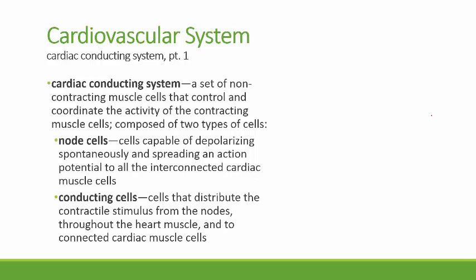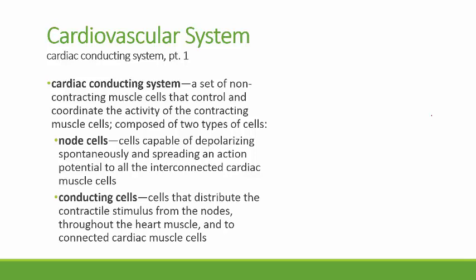So they're almost like the nerves of the heart. We don't have neurons spreading throughout the heart. We have neurons that connect back to certain cells, but it's these cardiac conducting system cells that spread the signal to contract.